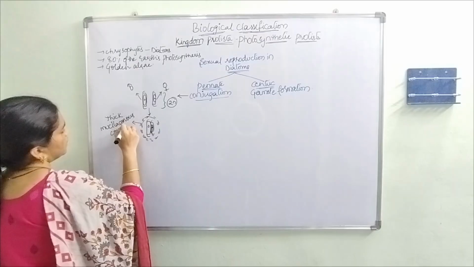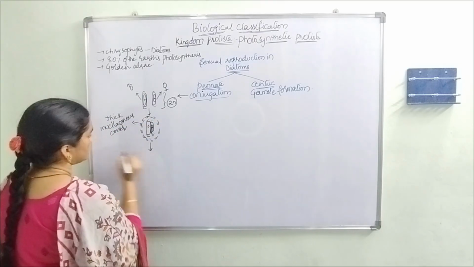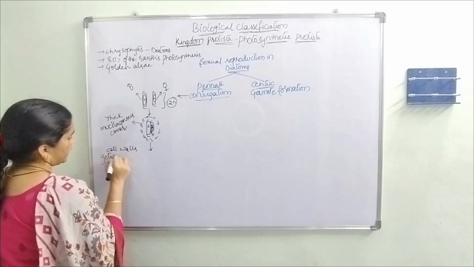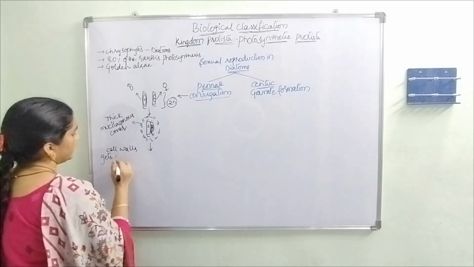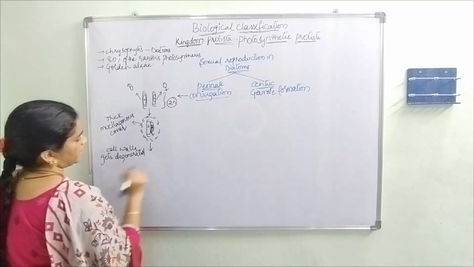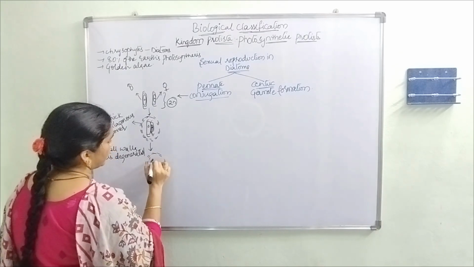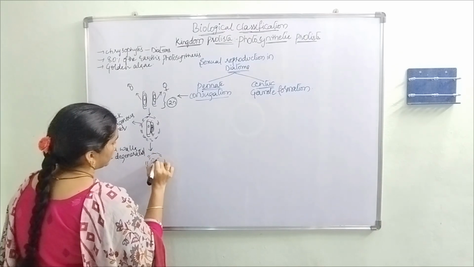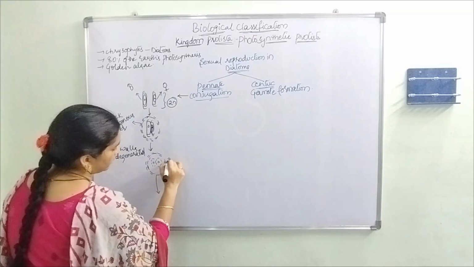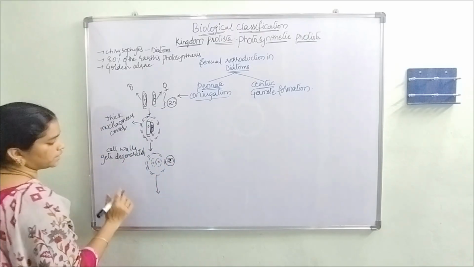Next, the cell walls get degenerated or disintegrated. So there is a thick mucilaginous cover and the cytoplasmic content with the nucleus. These are in diploid condition and they are still covered by the mucilaginous sheath.